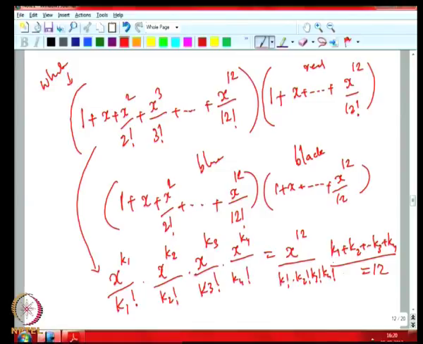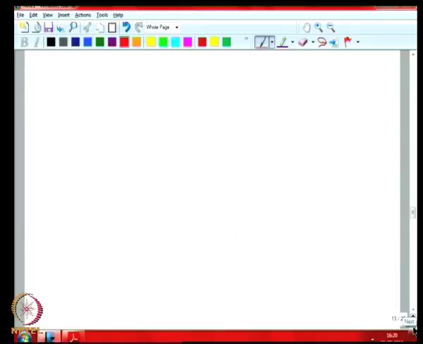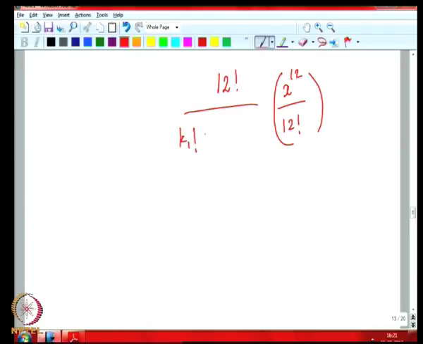Now we are not looking for the coefficient of x raised to 12, we are rather looking for the coefficient of x raised to 12 by 12 factorial. To get that, we will introduce a 12 factorial in the denominator. To balance it, we will introduce a 12 factorial in the numerator. So we already have this k1 factorial into k2 factorial into k3 factorial into k4 factorial, right.